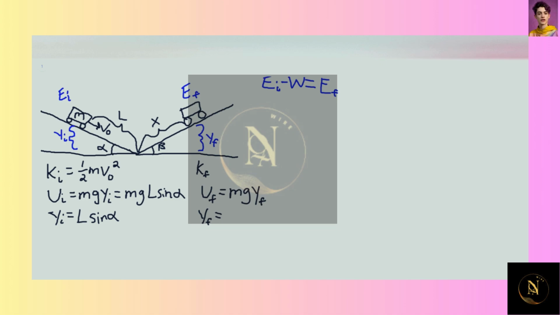And basic trigonometry, once again, will give us that, in this case, the distance we've gone up is now x, as opposed to the other side where it was L. So now it's the distance x, because that's the distance we're interested in, times the sine of beta. So this is just the basic trigonometry that we're using here.